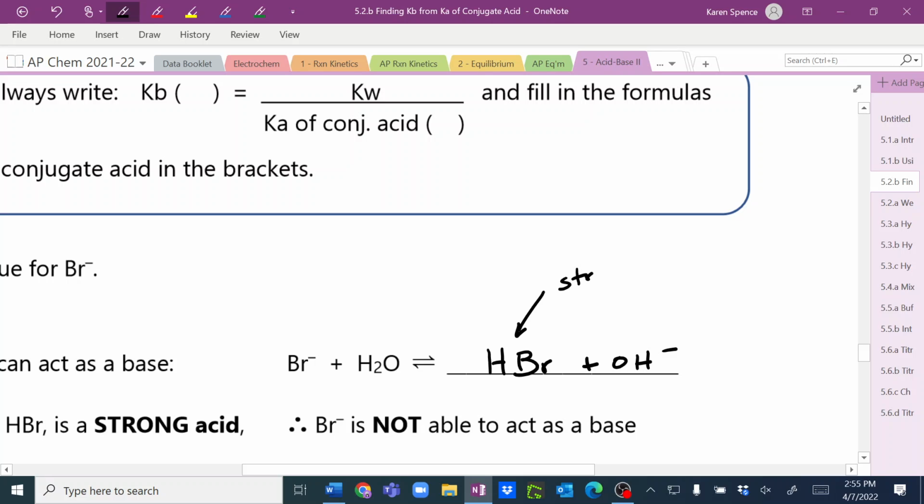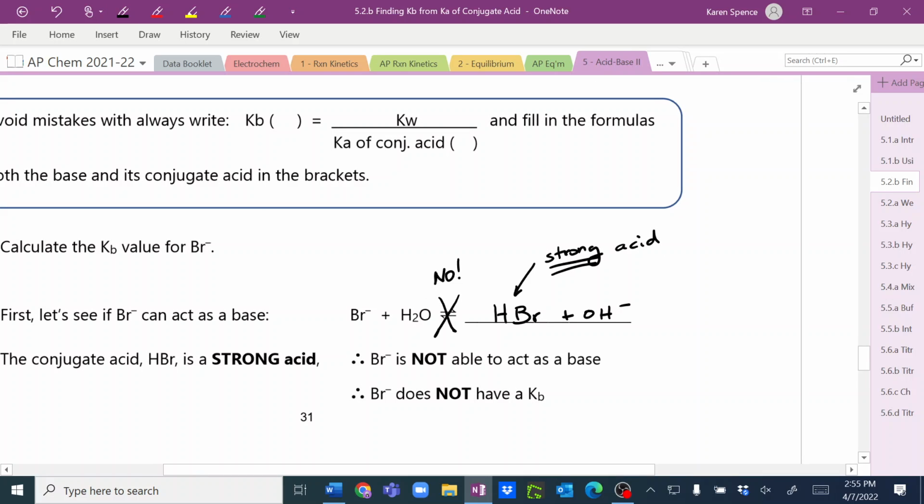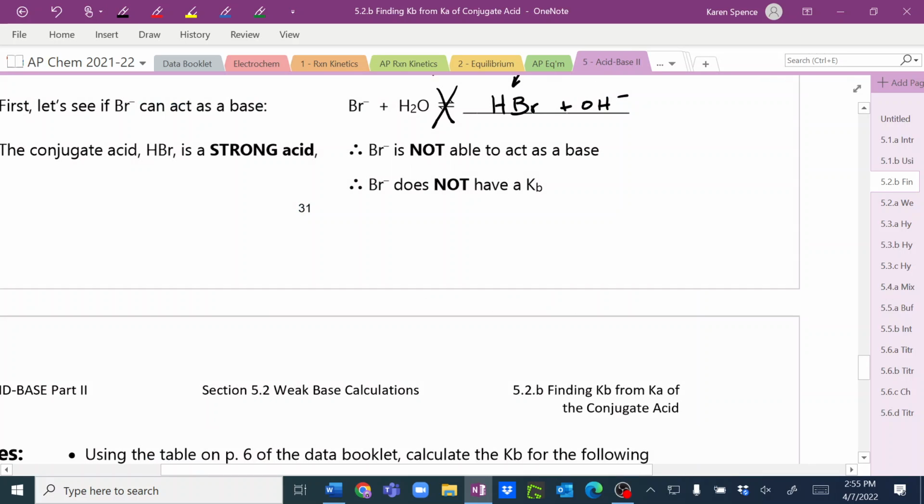We have made a strong acid, and therefore, no. Okay, you cannot form a strong acid. It will not go that way. So Br minus does not have a Kb.